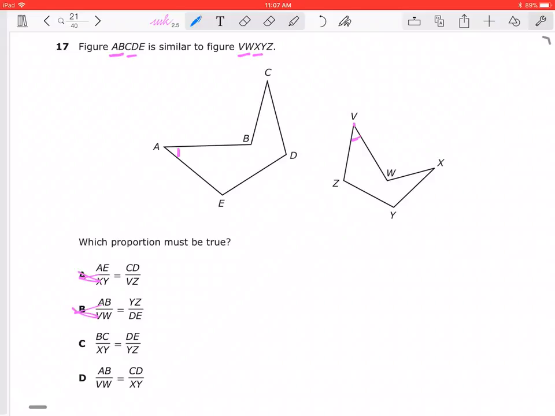So CD would be the one that would work with that. Now we have BC, so let's look at BC to XY. Nope, that won't work either. Lastly, we have AB to VW, CD to XY. Yep, that's our answer choice.